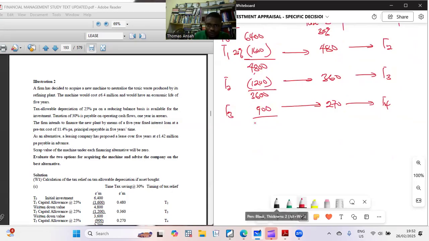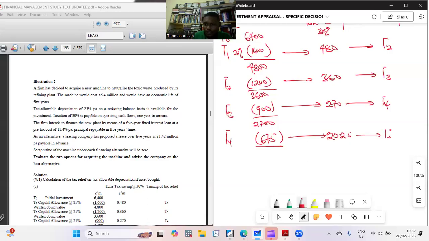Okay. So is it 2,700 you have? Yeah, 3,600 minus 900 is 2,700. Yeah. That 2,700 by 0.25 is 675, multiplied by 0.3 is 202.5. And that will be at T5. Then the balance here, which is 2,700 minus 675, we have 2,025.